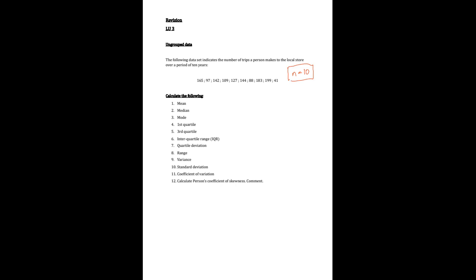So in your slides, you will see that there are examples where there's an odd number of values in your data set. So here, instead of your number of values being 10, it would be 9.